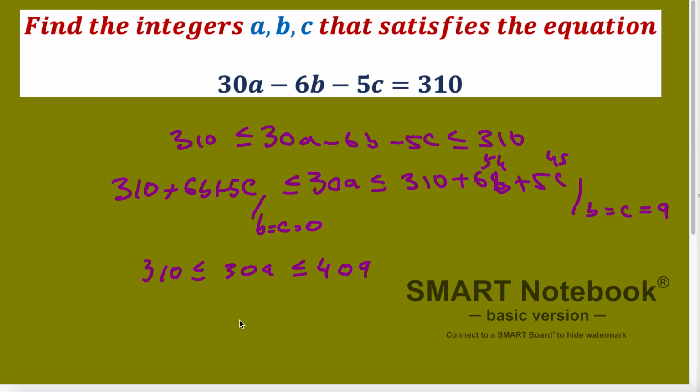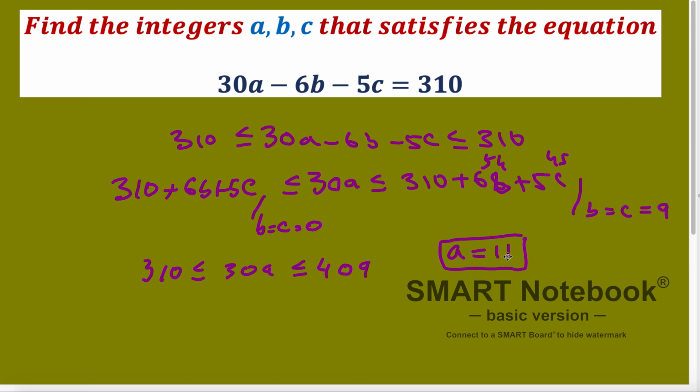So the integer that satisfies a here to be inside, let's say 10, I don't want to take 310, if it's 10 it is 300. And let's say if a is 11, it is going to satisfy because 30 times 11 is 330.